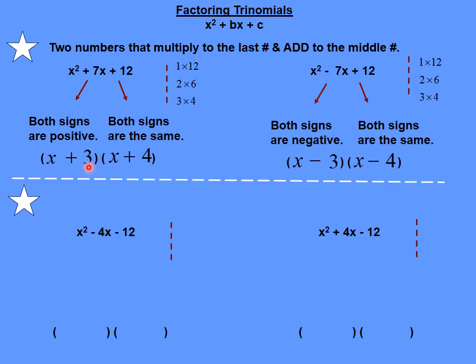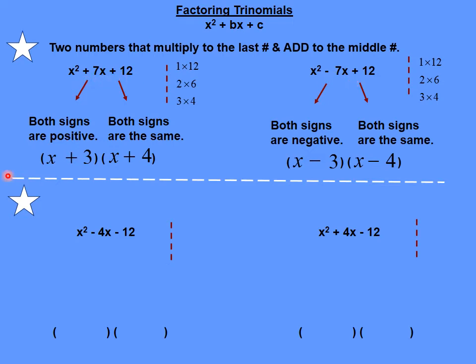Notice in this case, 3 times the 4 would give us the positive 12. The inside would give us positive 3x. The outside would give us positive 4x, which would give us a positive 7x. So this rule lets everything work out nicely so that our factors give us all the right signs that we originally started with.